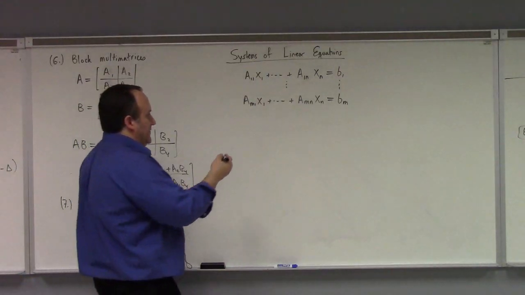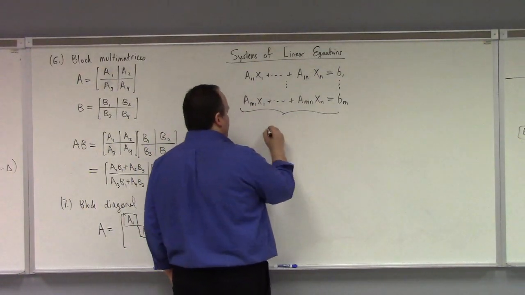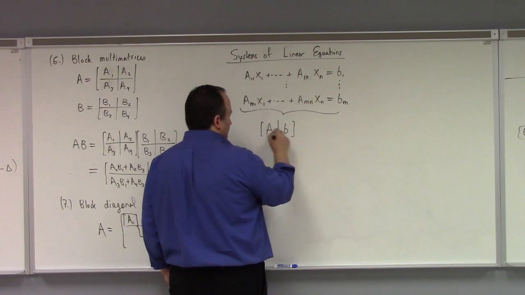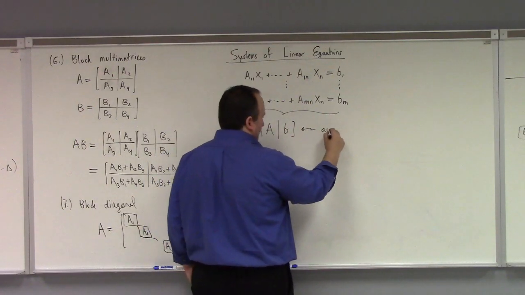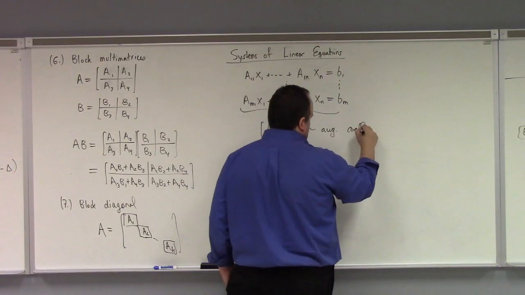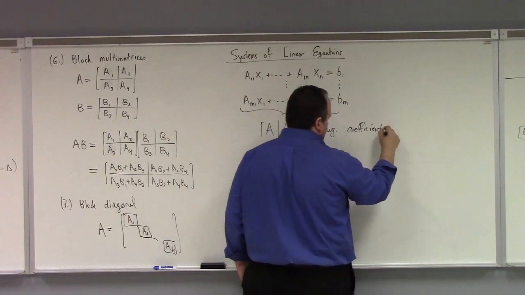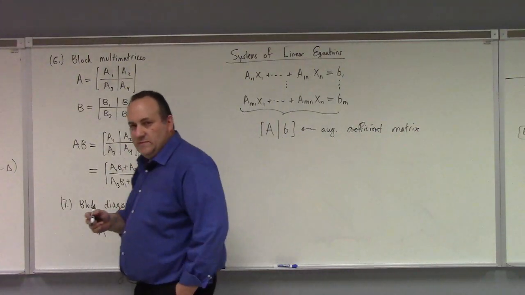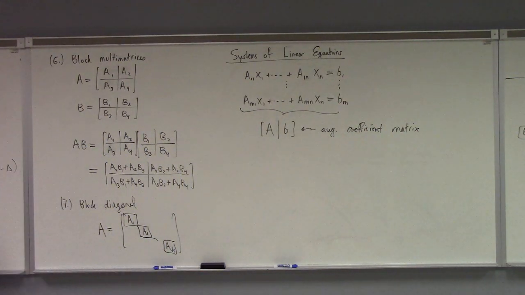And you guys remember the story. We take this and we replace it with the coefficient matrix concatenated with the inhomogeneous term. This is the augmented coefficient matrix, right? And what did we do? Do you guys remember? Of course you remember this, yes. Row operations, right?